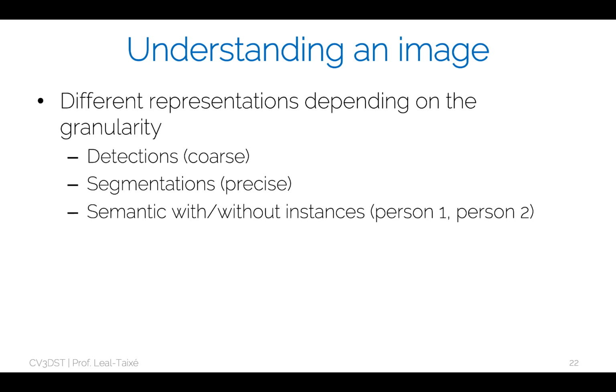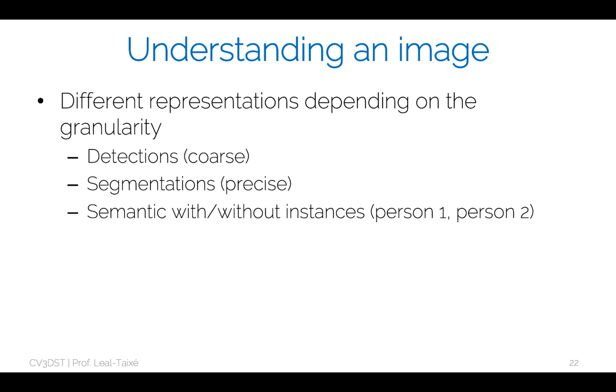So we will cover in the lecture different representations depending on the granularity. So I have already gone over the coarse representation, detections, and this precise representation, which is in the form of segmentation or masks. And we will also cover giving semantic meaning to these segmentation masks with or without instances.